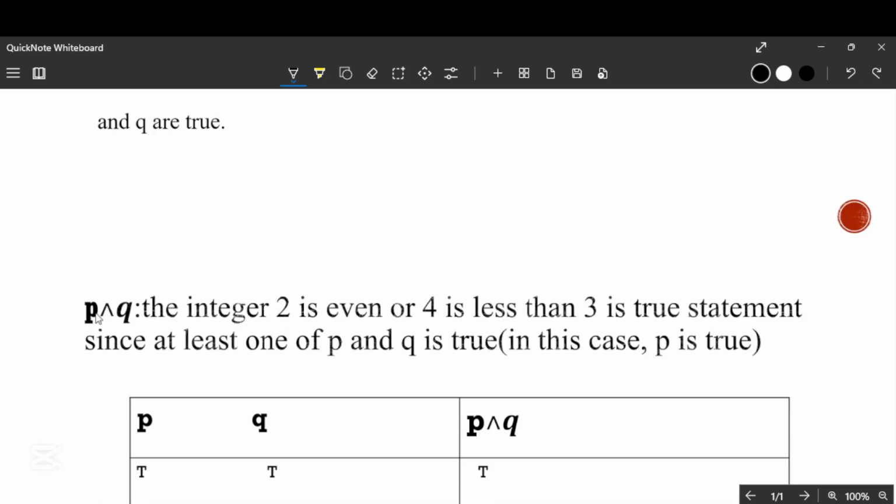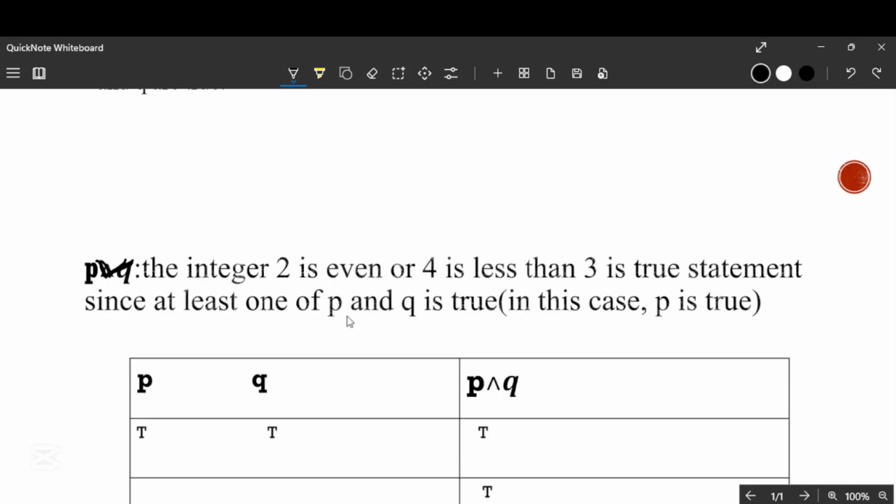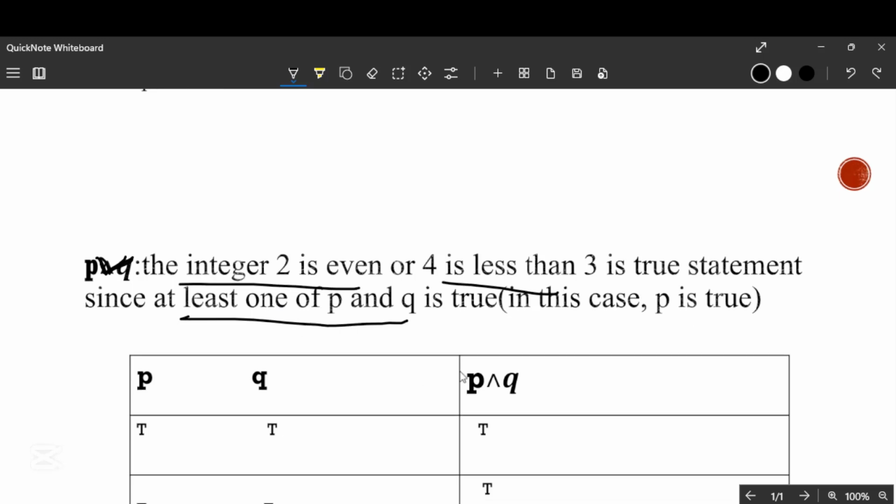Let's look at P ∨ Q. The integer 2 is even, or 4 is less than 3, is a true statement, since at least one of P and Q is true. The first statement is true, but the second statement is false. But because it's a disjunction, it is true because at least one of the two statements is true, which is of course P. In this case, P is true.